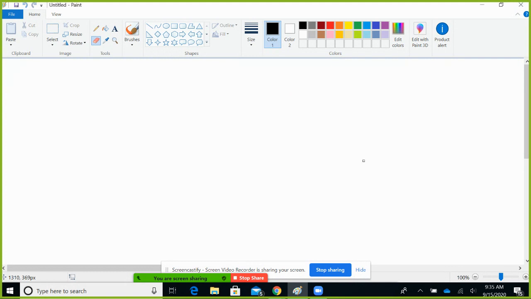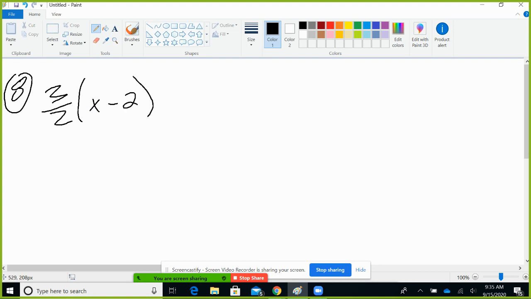Oh, I'm still on eraser. All right, 3/2 times the quantity x minus 2, minus 5, equals 19.